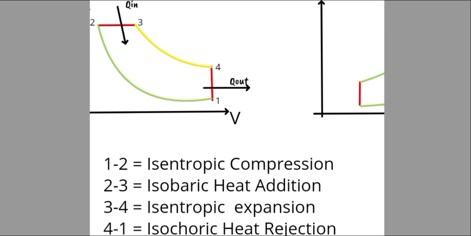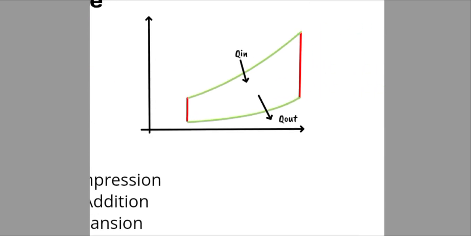So that is it for our compression, cutoff and expansion ratios, and we are going to be getting into that very soon. Now 3 to 4 is our isentropic expansion, and then 4 to 1 is our isochoric heat rejection. That is where we have our Q out.